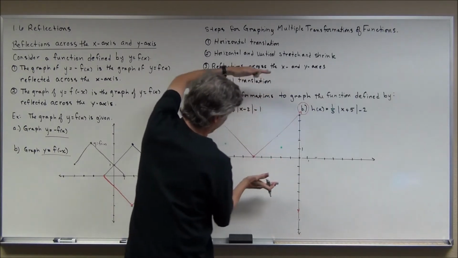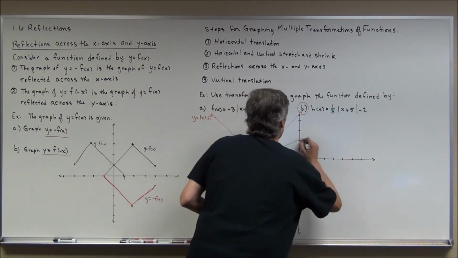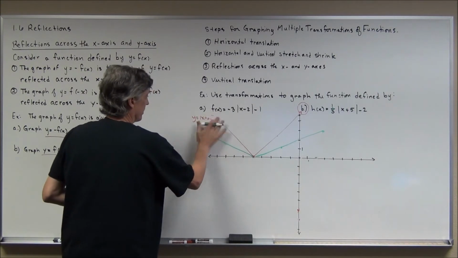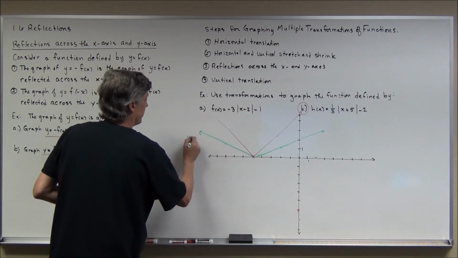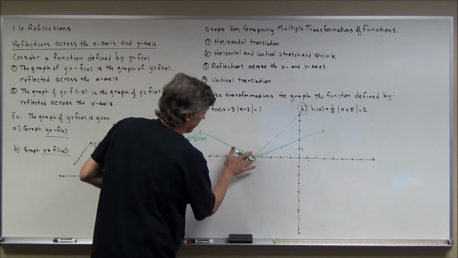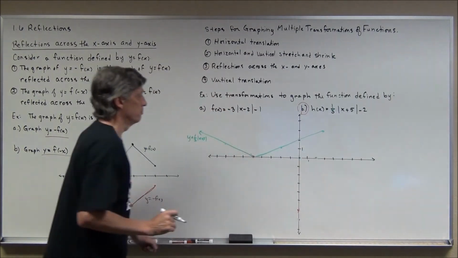So it's going to flatten it out a little bit this way. And let me get rid of this. This is y equals 1/3 absolute value of x plus 5. And this stuff in red here. And I think that's pretty close to having it.